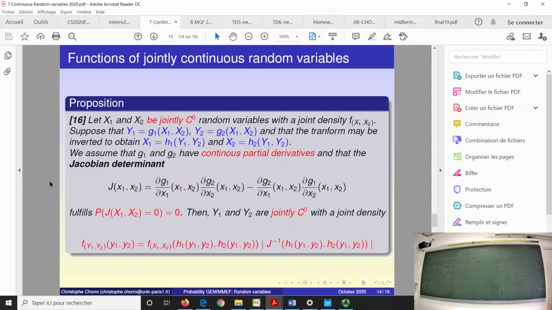Now my set of possible values for G1: I do the sum of two strictly positive numbers. What do I obtain as an image of G1? Here I have R plus star. Doing the sum of two strictly positive numbers, I recover all the strictly positive numbers. What happens for this one?